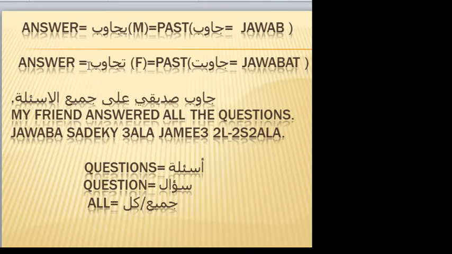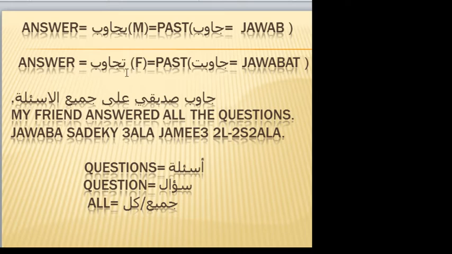Again, what we do in the past tense, for males, we delete or cancel the ياء letter at the beginning of the verb. So, it comes to جاوب. جاوب for males.